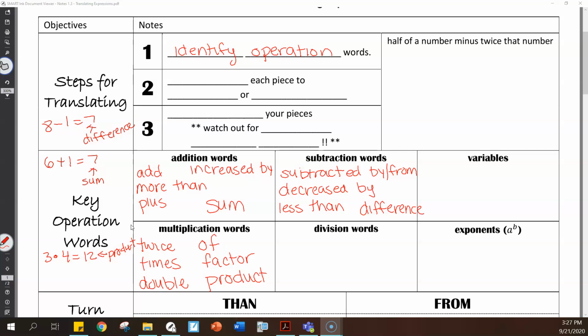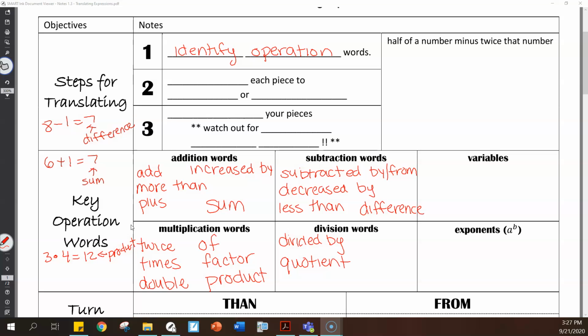Okay. And then division. Of course, we have divided by. 4 divided by 5 tells me to divide. But there's also a result word, just like sum and difference and product, for division, and that is quotient.